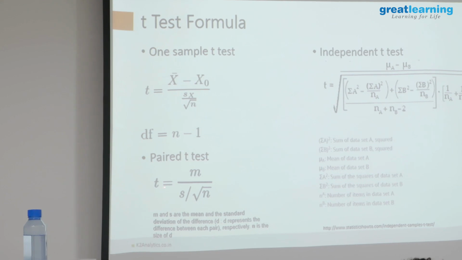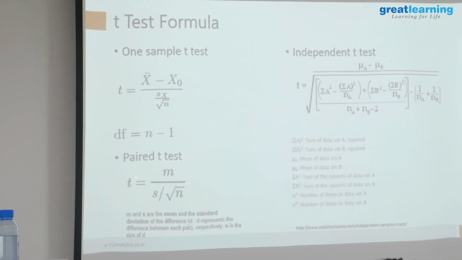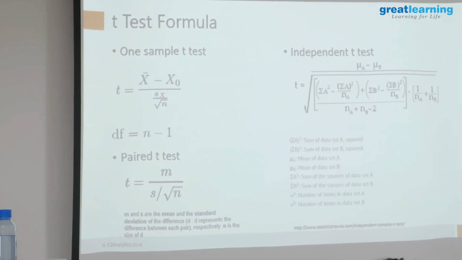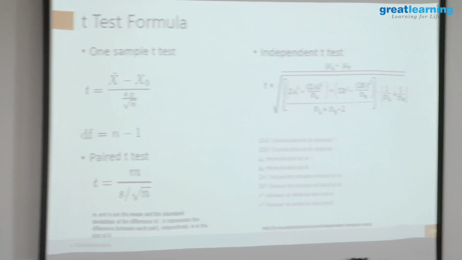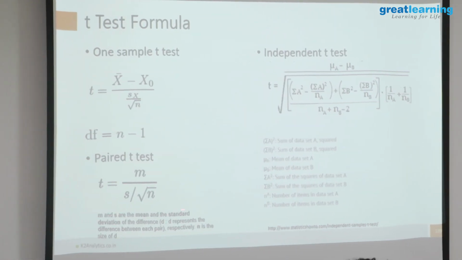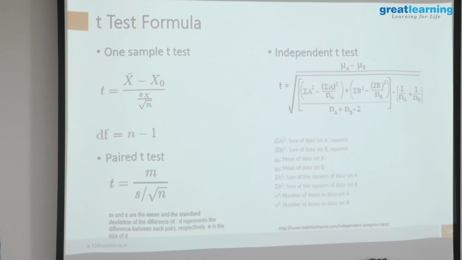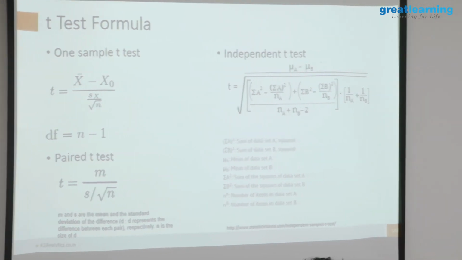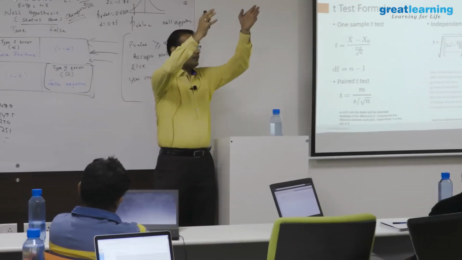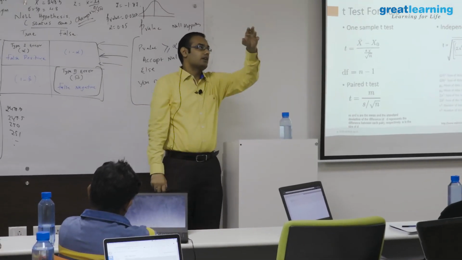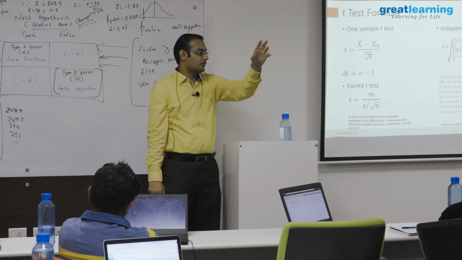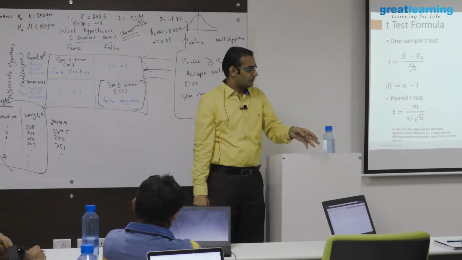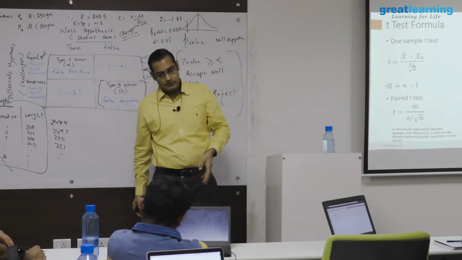And then you have got a paired t test, where you have before and after. In this, the mean and standard deviation are of the difference. Basically, in a paired t test, let's take the example of the gym only, a simple example. I've got 50 people, I've got weights 100 kg, 90 kg, 80 kg, 70 kg, 65 kg, something, and I've got weights after.